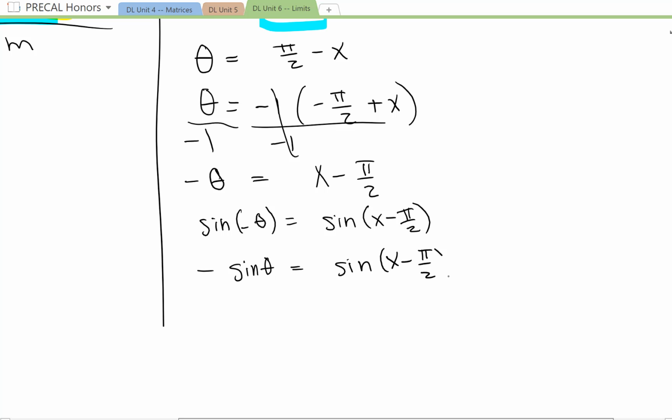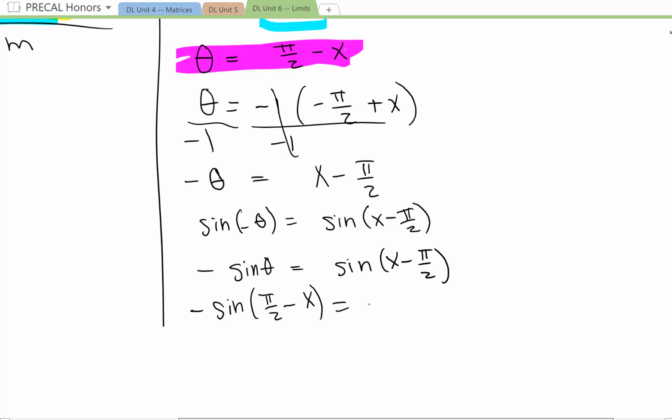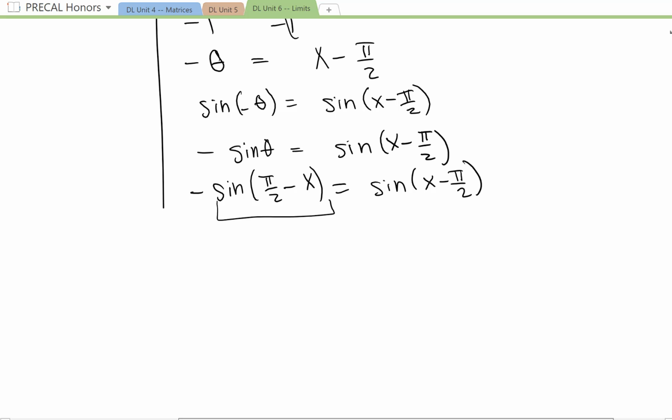Now, if you remember, we decided earlier that theta would be pi halves minus x. So negative sine of pi halves minus x is what you get when you take sine of x minus pi halves, the weird flipperoo that we started with. Okay, hey, sine of pi halves minus x, the cofunction identity says that's cosine of x.